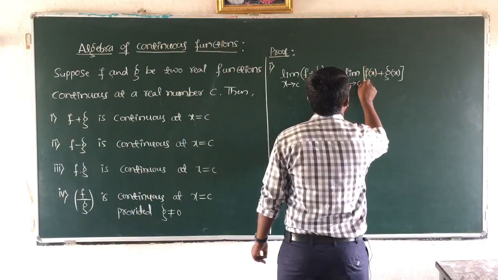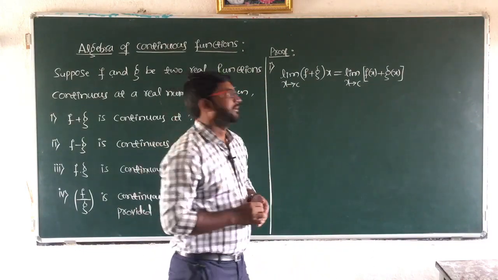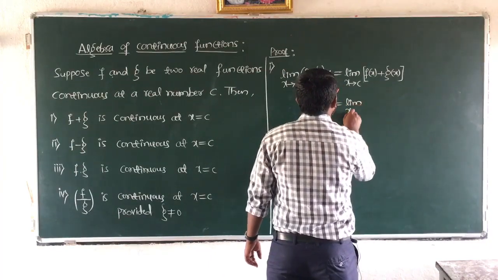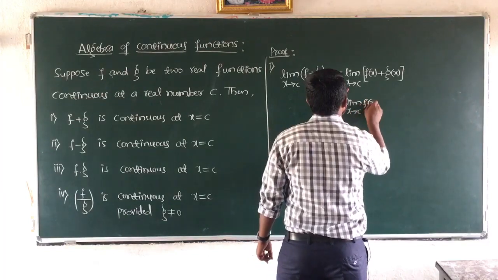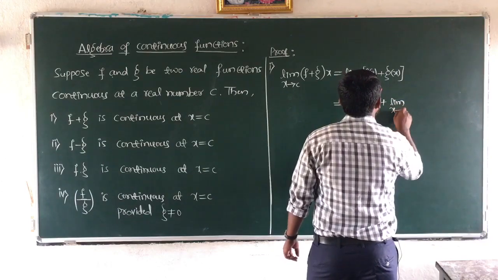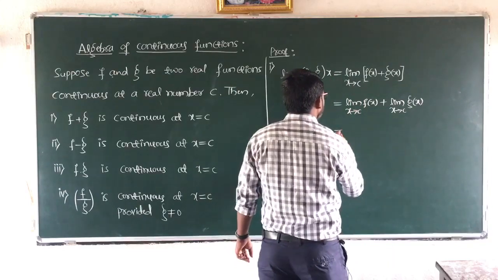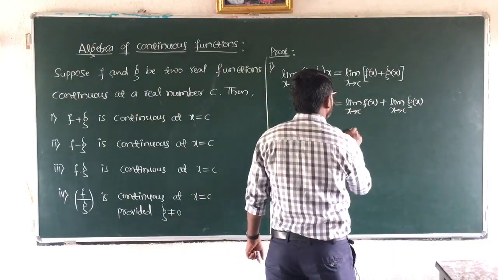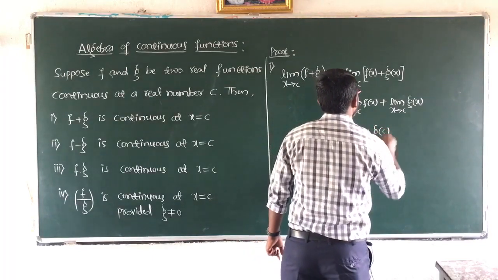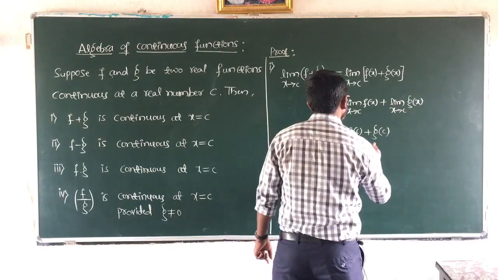Now I have to apply the limit to the first function as well as to the second function based on the theorem on limits. So this can be written as limit x tends to c f of x plus limit x tends to c g of x. Now apply the limit. Now we get f of c plus g of c.